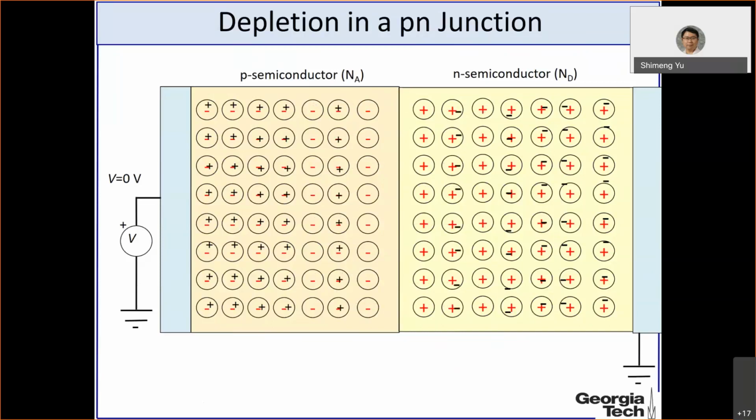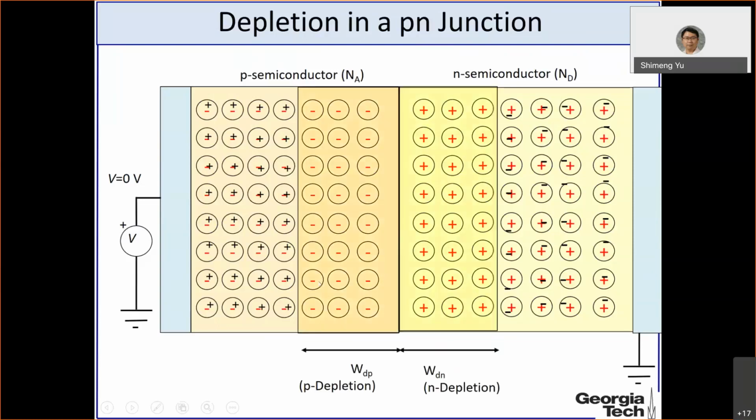So after they are recombined, what is left here are those non-movable, fixed nuclei of the acceptors and donors. There's no free electron or hole in this region. And we call this region the depletion region.